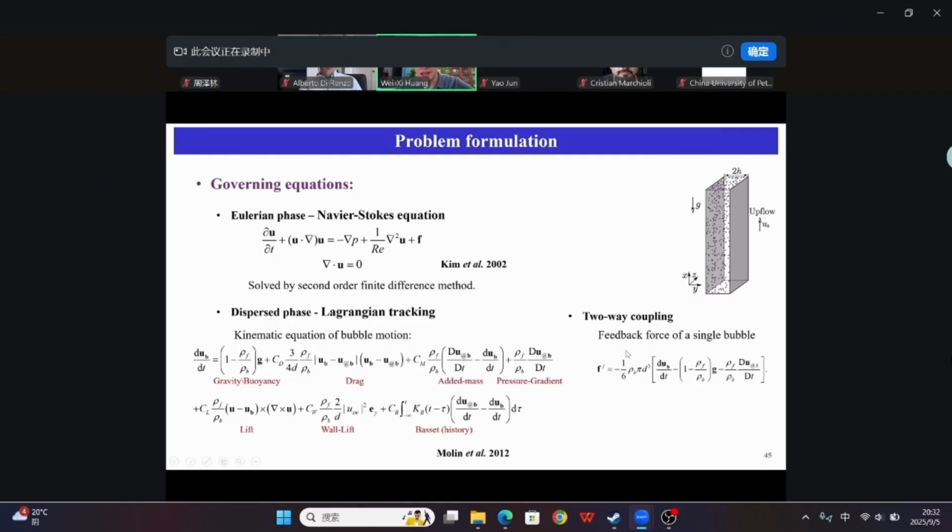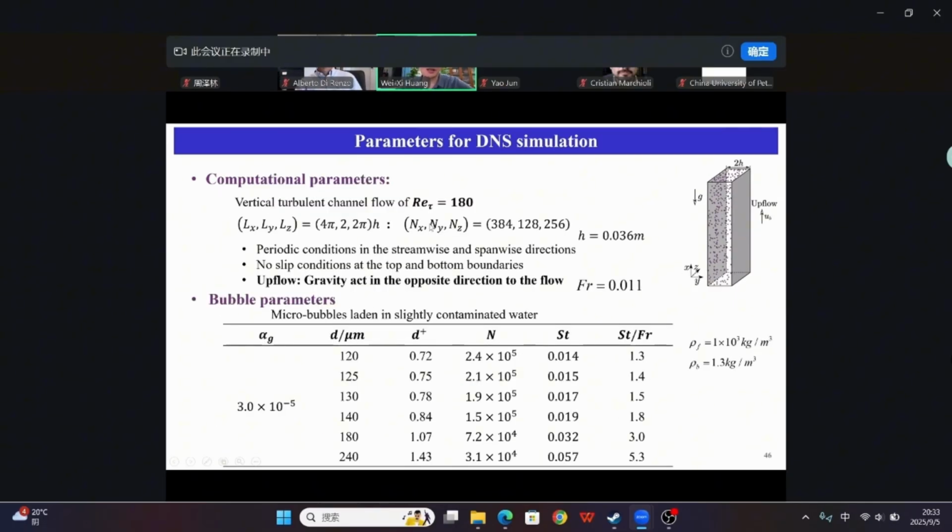And this is the feedback force from the bubble to the fluid. Here we consider a two-way coupling simulation. The Reynolds number is low, 180, and the fluid number is given. We fix the volume fraction and the diameter is changing. The D plus is about 1, and okay, this is the setup.